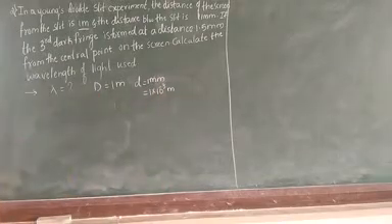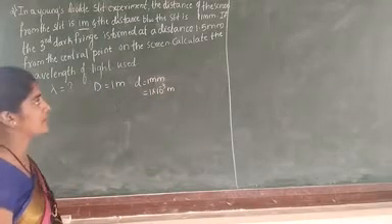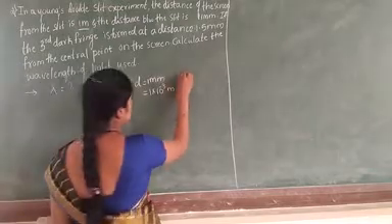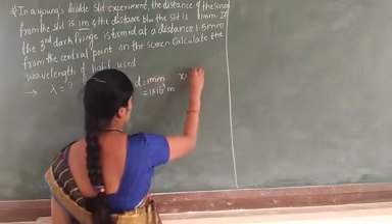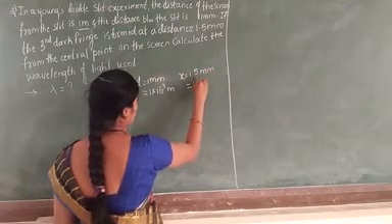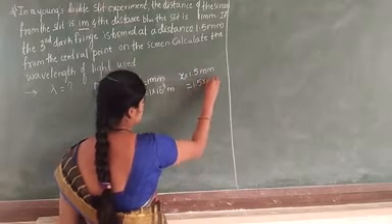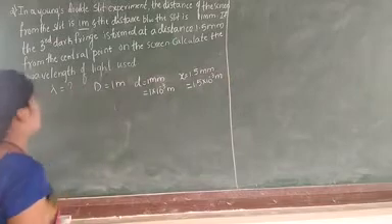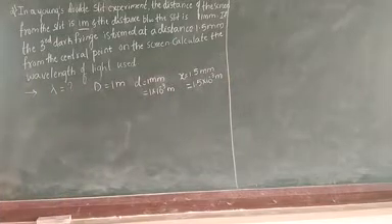The third dark fringe is formed at a distance x equal to 1.5 millimeter. Converting into meter, it is 1.5 into 10 raised to minus 3 meter. Now from this we have to find the value of lambda, lambda is equal to question mark.